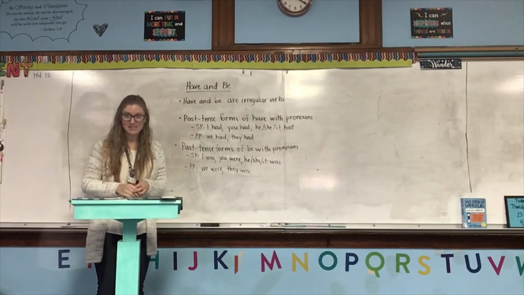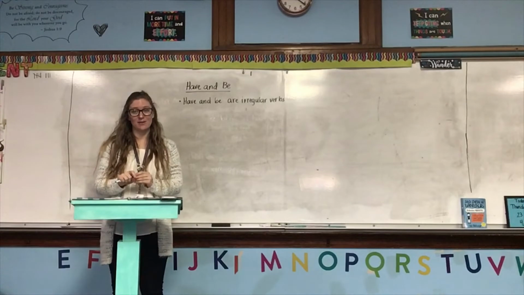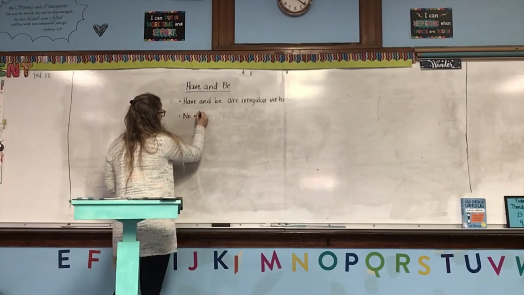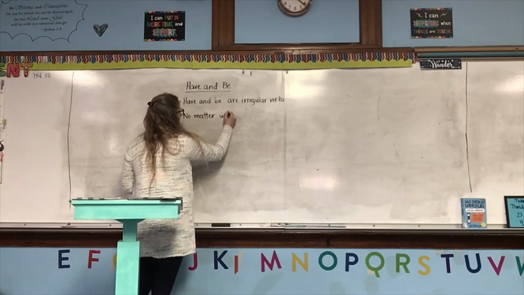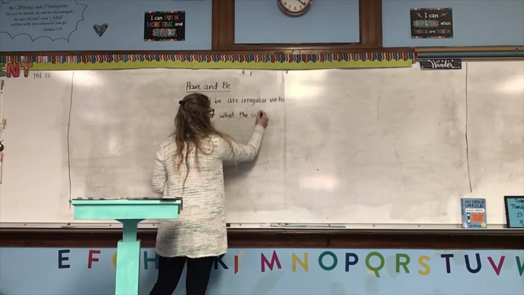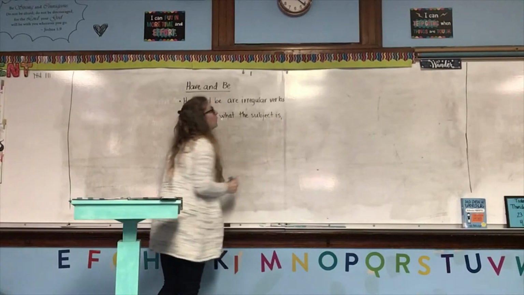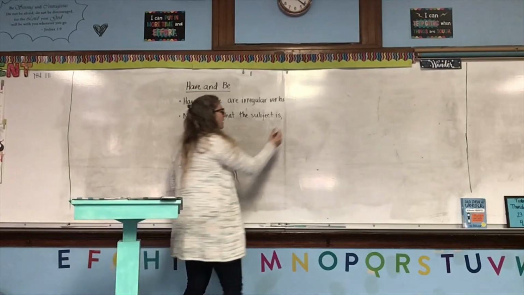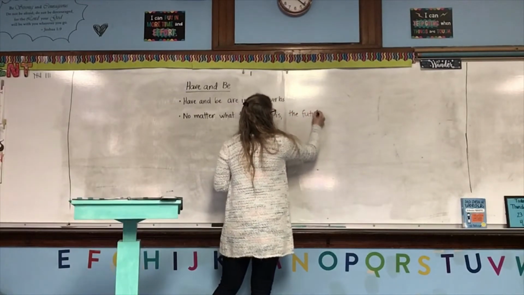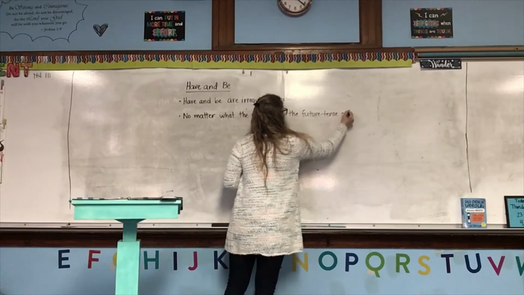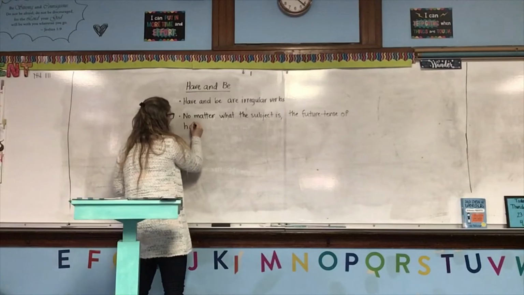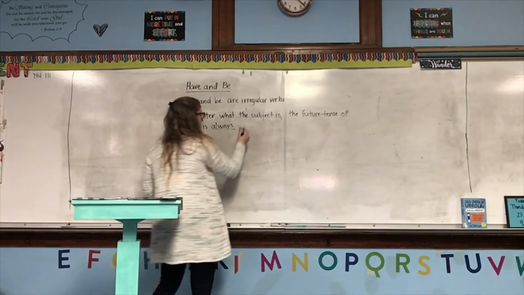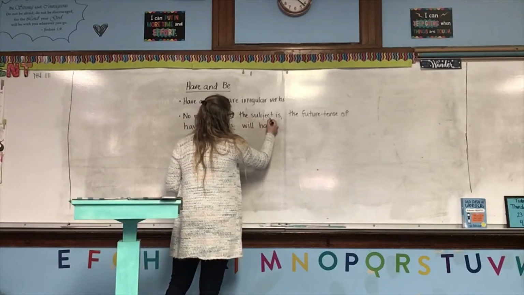Okay, now let's talk about future tense. So future tense forms of have and be are really easy because no matter what the subject is, whether it's a singular noun or a plural noun or a singular pronoun or a plural pronoun, the future tense of have is always, and you can underline always because it doesn't change, will have.